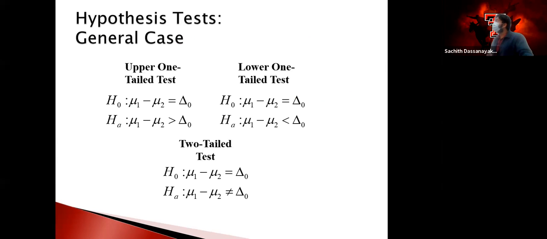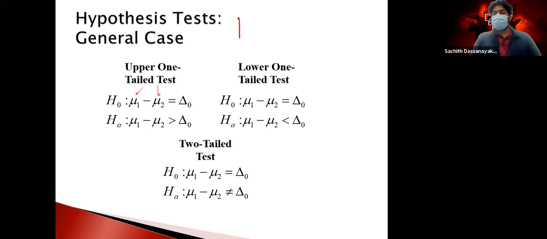These are the general hypothesis tests. Again, we have 3 tests, but the only difference is that we are considering a difference. This is the first population mean, and this is the second population mean.